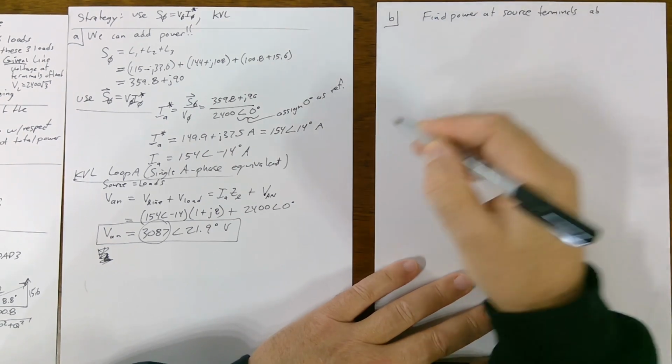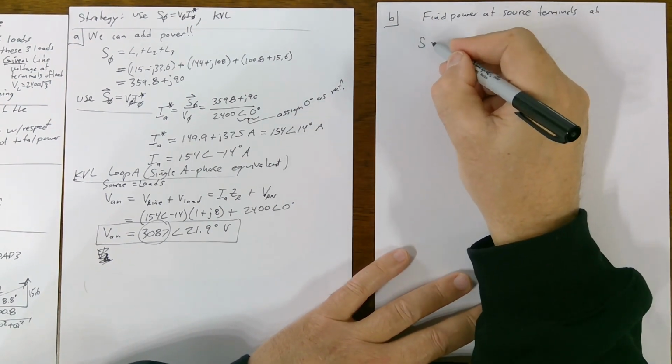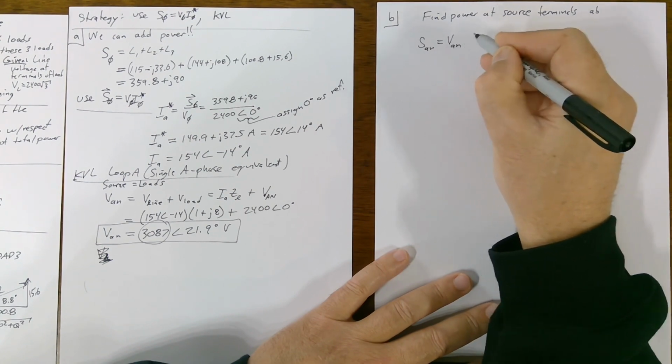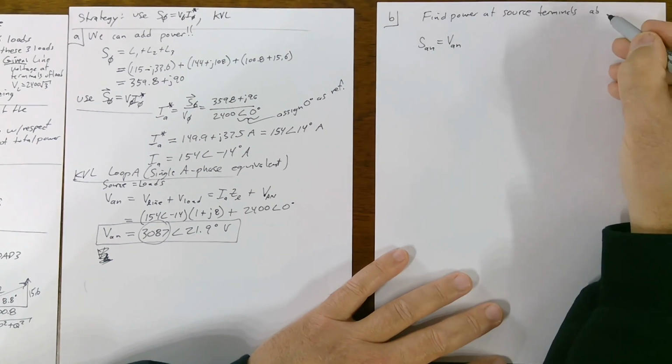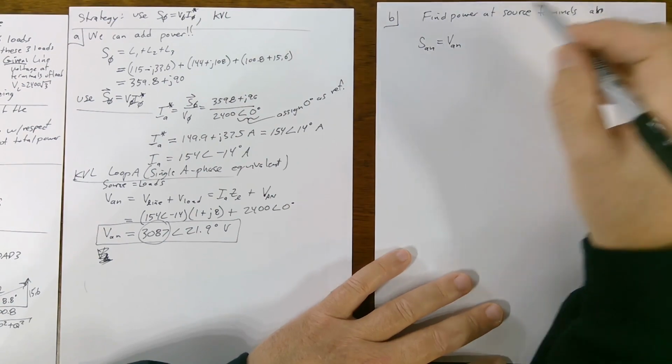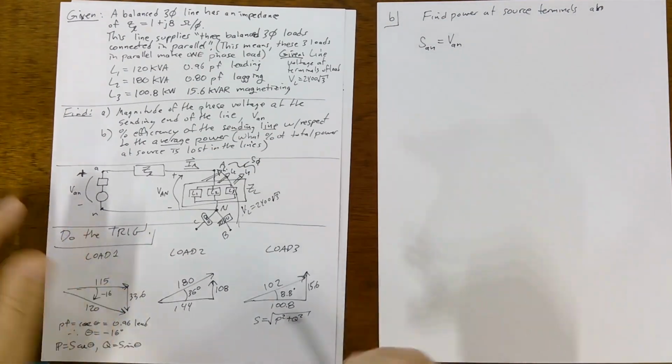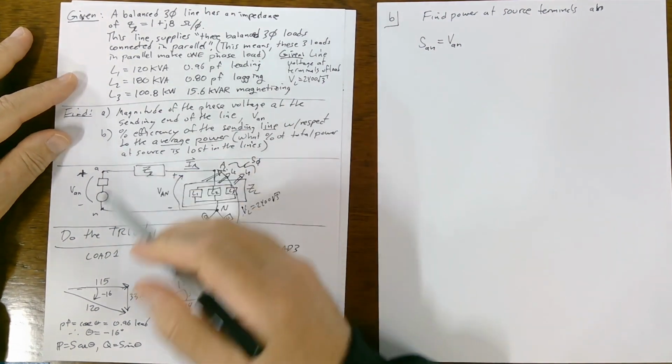Little ab. The power at little ab is just the voltage times the current.